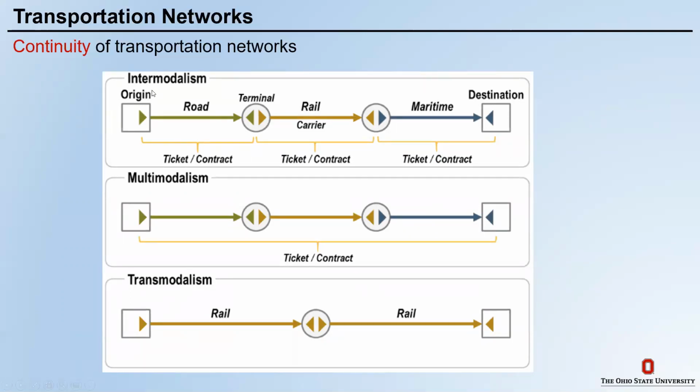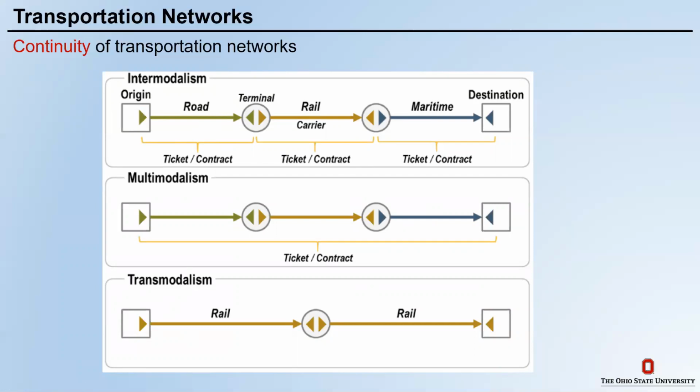And there could be multiple contracts, right? If you want to move something from city A to city B, there could be multiple terminals between these 2 cities. You may need several tickets or contracts to finish this movement of goods or cargo. And we also have a gateway node here. What is a gateway node?